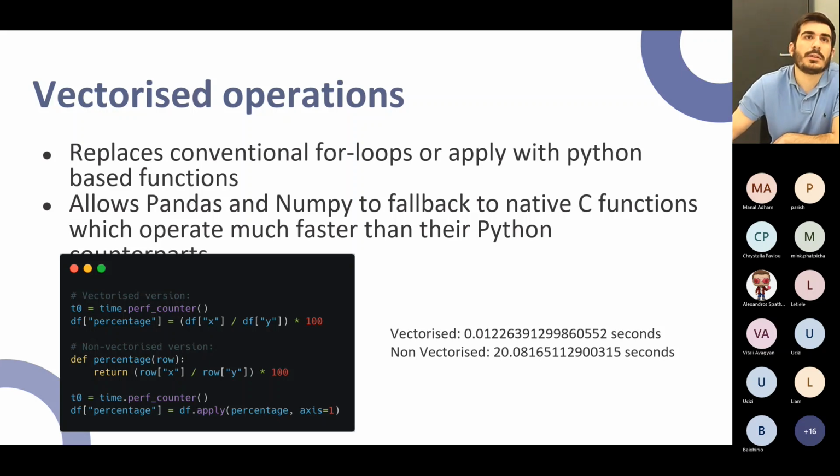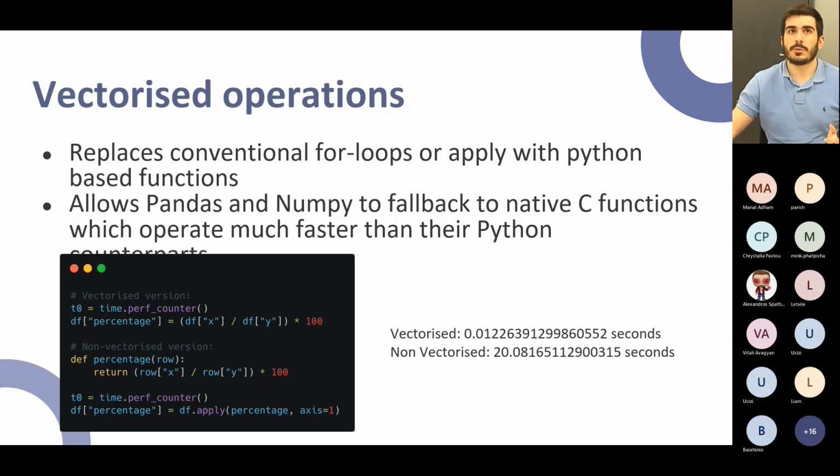So an example that I ran for the purpose of this presentation is this. In the first way, I used a non-vectorized version which ran a Python function for apply, and that means it didn't fall back to a more optimized C version.